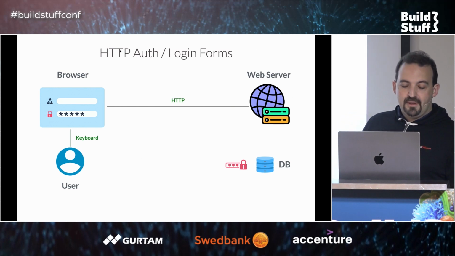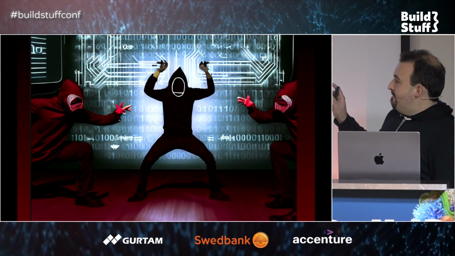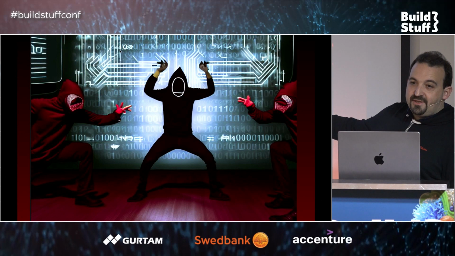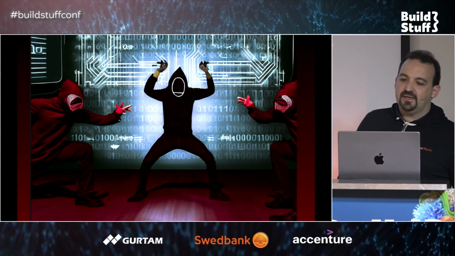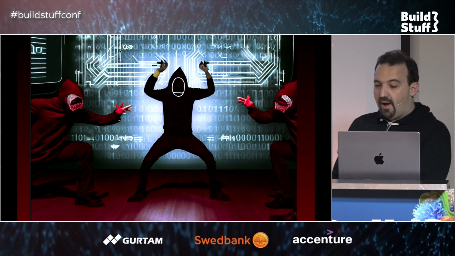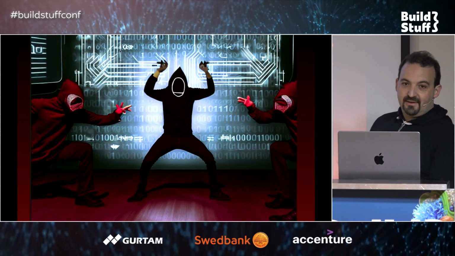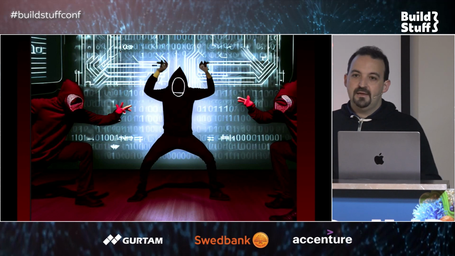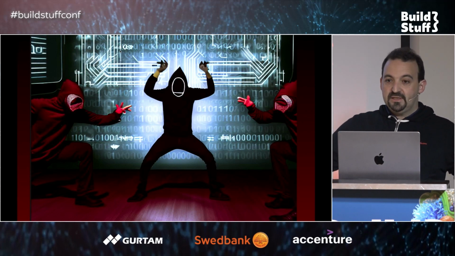So what's the problem? We have two problems, and by the way, all the images that you will see like this are from DALL-E 2, so AI-generated images. In this case, the prompt was man-in-the-middle attack. A man-in-the-middle attack is a security attack that sits in the middle between two entities.